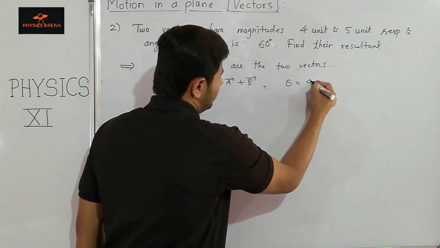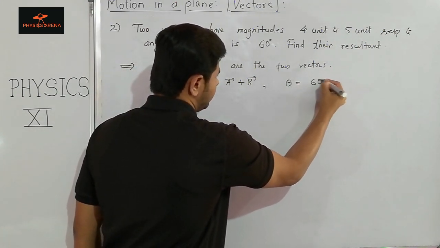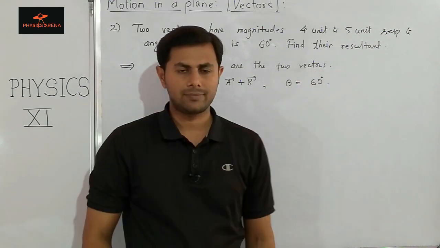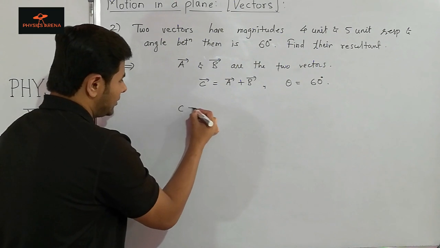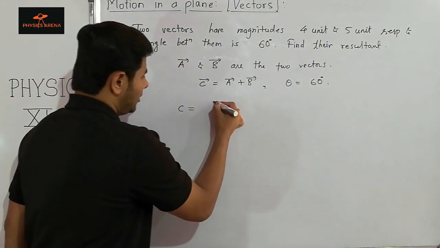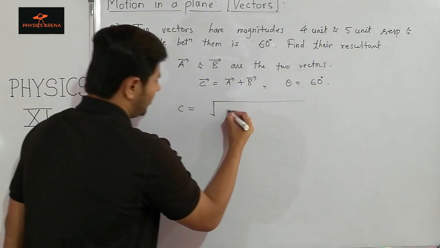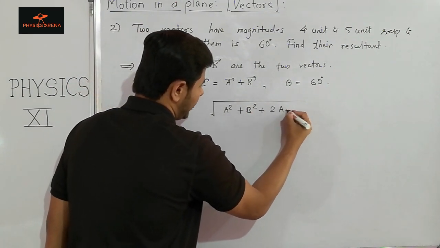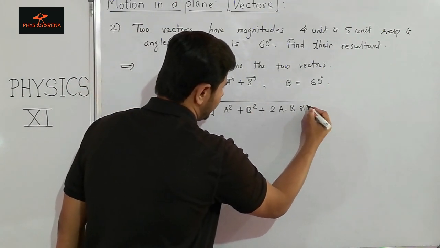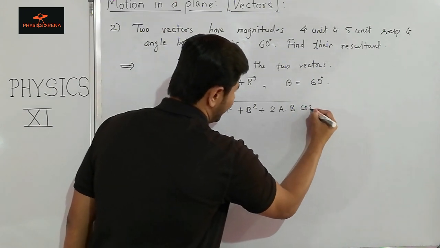Theta equals 60 degrees. This is all given. So what will be the magnitude? We know C equals square root of A square plus B square plus 2 times A into B into cosine of theta.